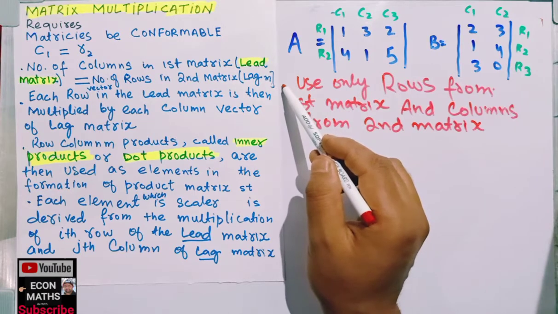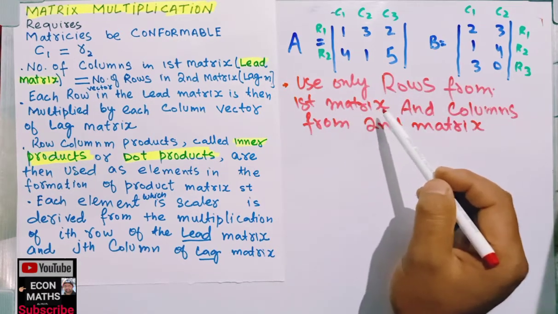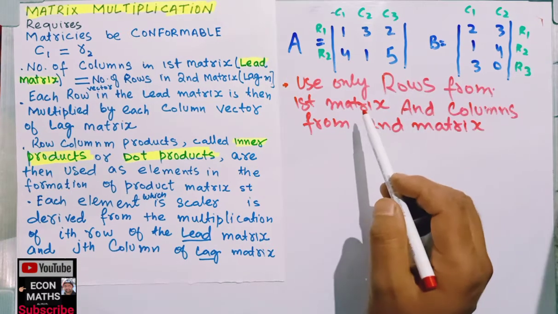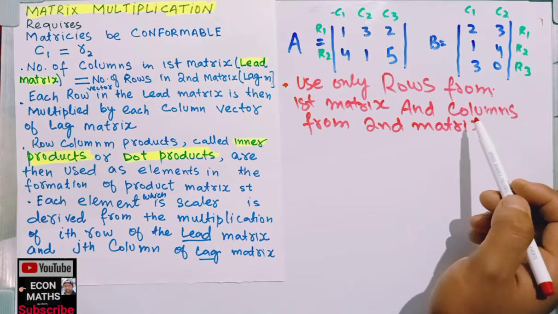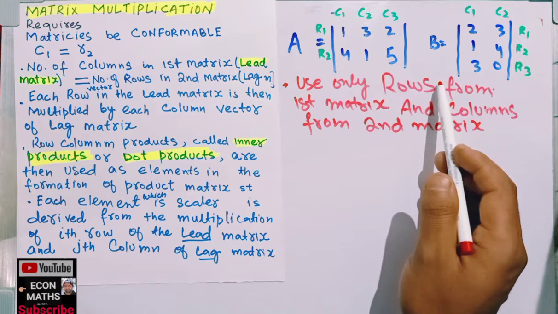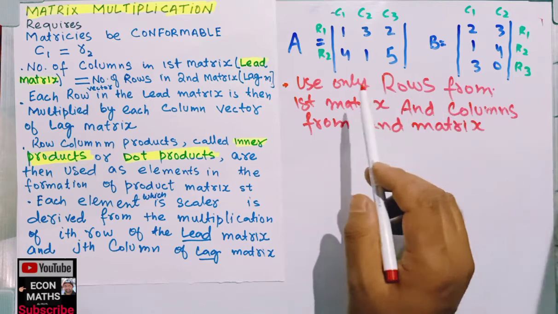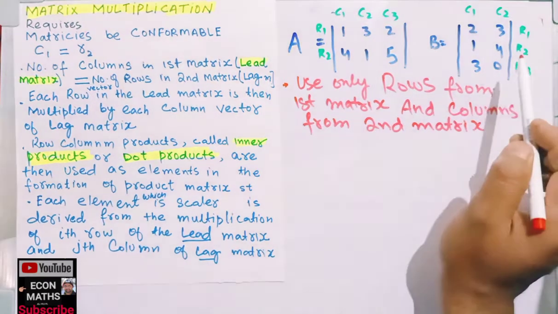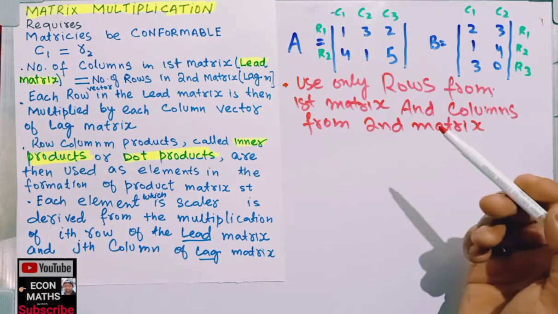This is to be remembered: use only rows from the first matrix and columns from the second matrix, and not the columns from the first matrix and rows from the second matrix. We have to use only rows from this matrix and columns from this matrix to multiply the matrices.